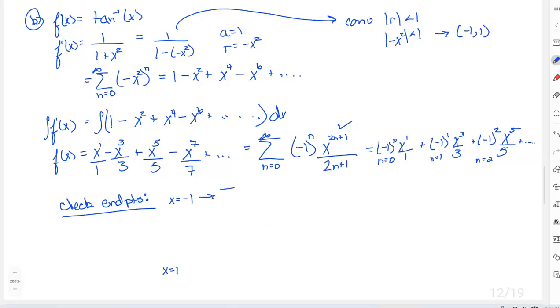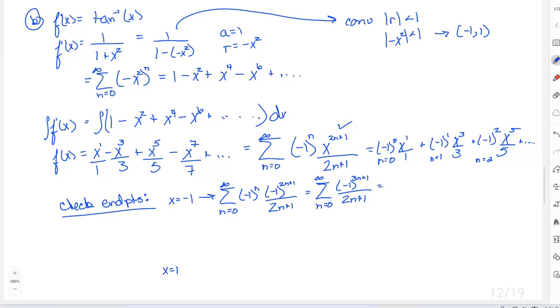When I plug in -1, I'm looking at the sum from n equals 0 to infinity of -1 to the n times -1 to the 2n plus 1 over 2n plus 1. I'm going to simplify this. When I multiply and I have the same base, I would add the exponents together. So this is going to be 3n plus 1 as the exponent on the -1 divided by 2n plus 1.